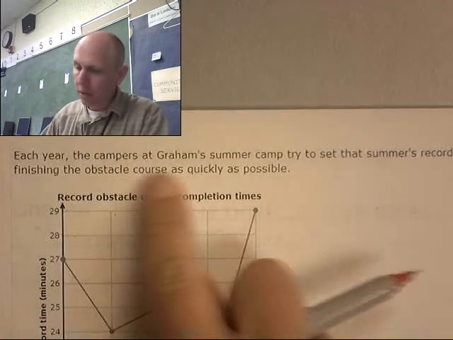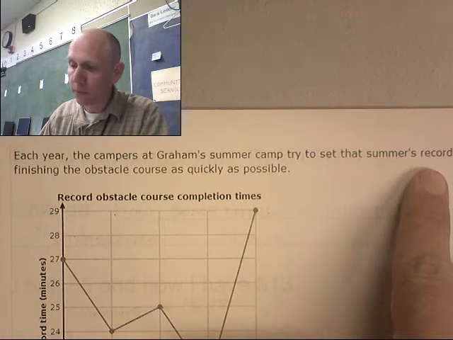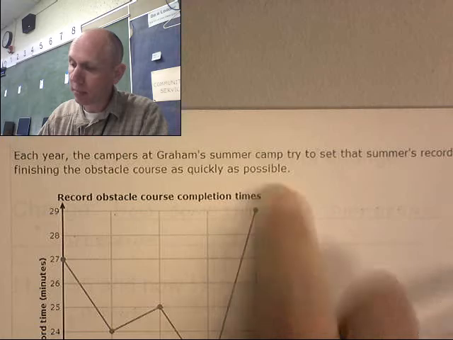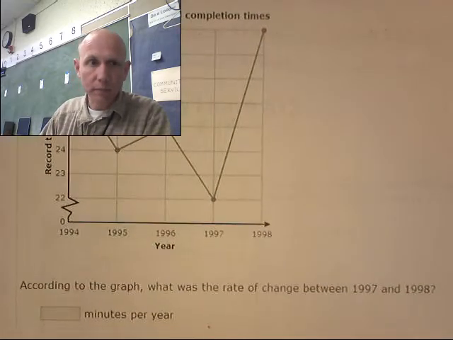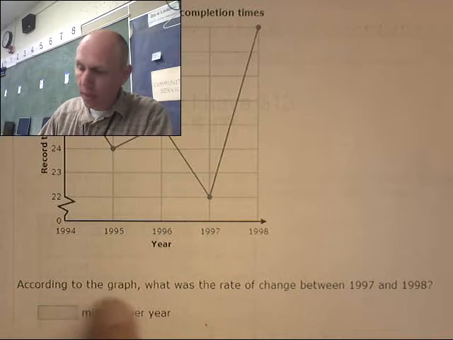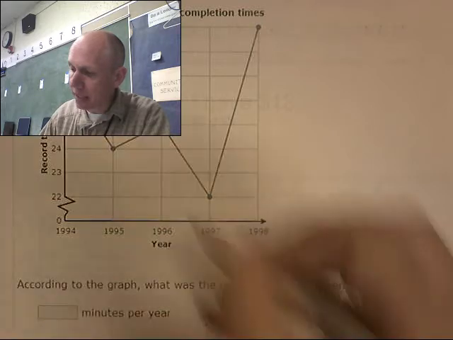Each year, the campers at Graham's summer camp try to set that summer's record for finishing the obstacle course as quickly as possible. According to the graph, what was the rate of change between 1997 and 1998?